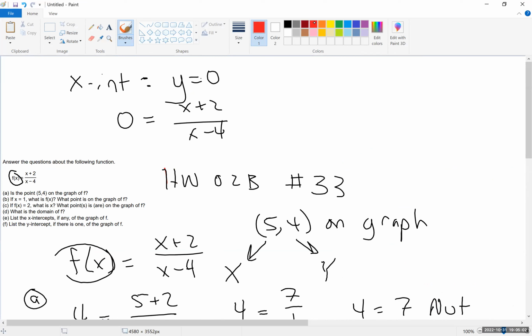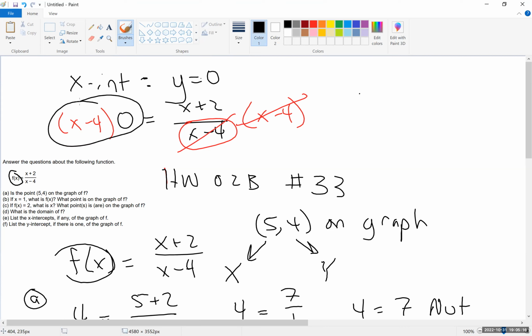To get rid of division by x minus 4, you multiply both sides by x minus 4. The x minus 4 on the right cancels. On the left, 0 times anything is still 0. So we just get 0 equals x plus 2, subtract 2, x equals negative 2.